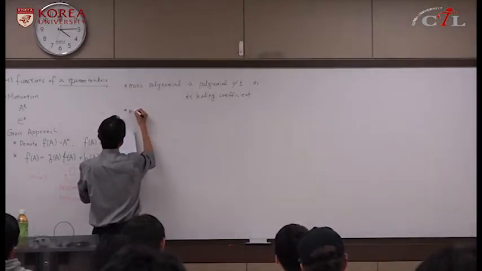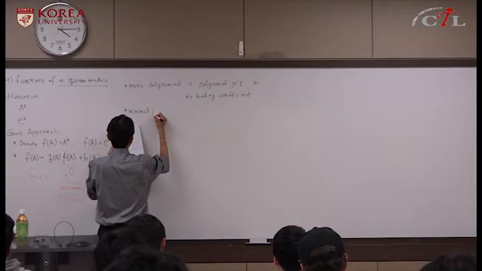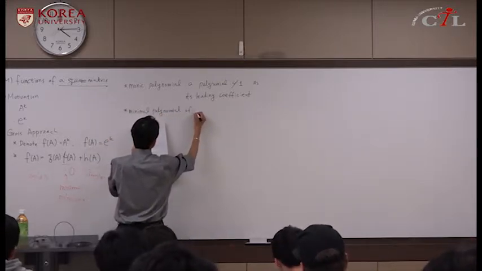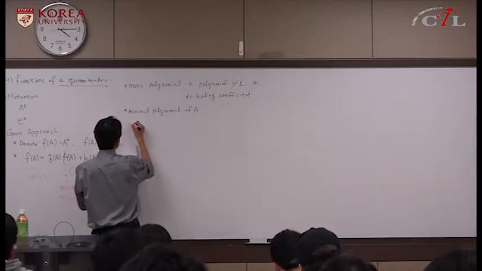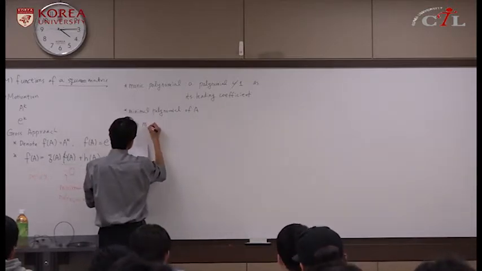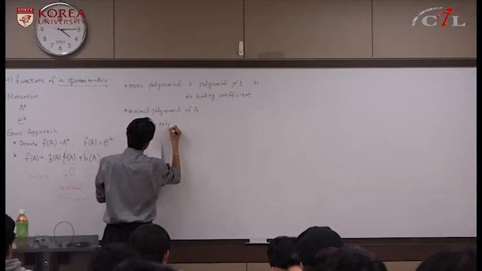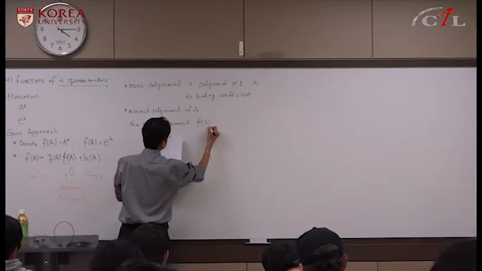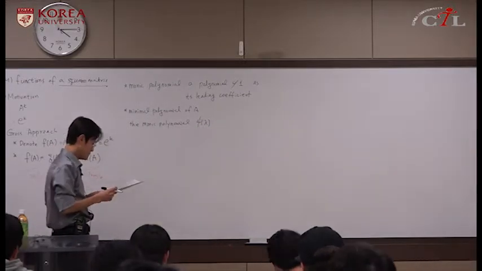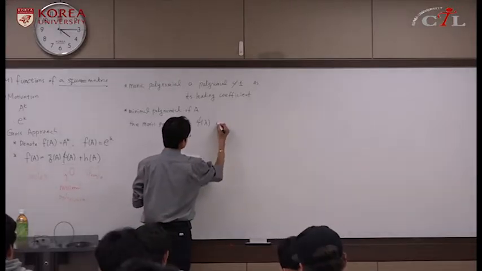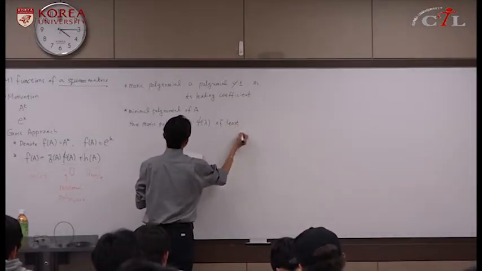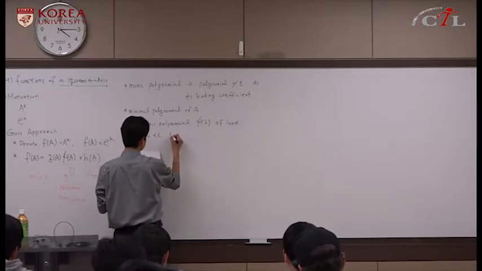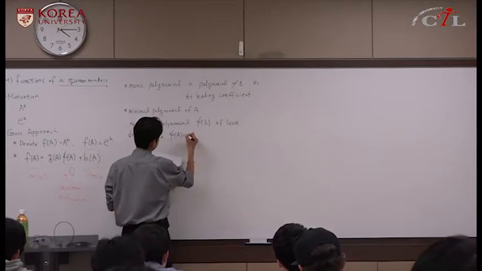And the minimal polynomial of A is the monic polynomial psi(lambda) of least degree such that psi(A) equals zero.